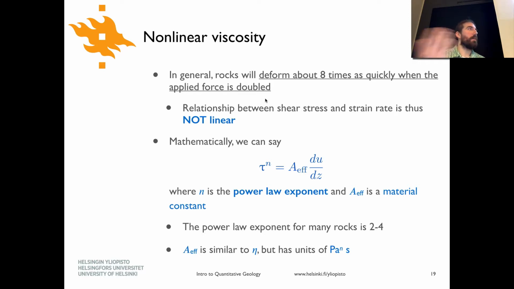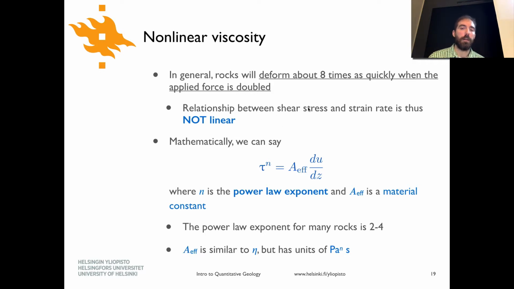So if it's a linear relationship between stress and strain, if you double the stress, you should double the rate of strain. Here, what we see is that we double the stress and we get about 8 times as rapid deformation.